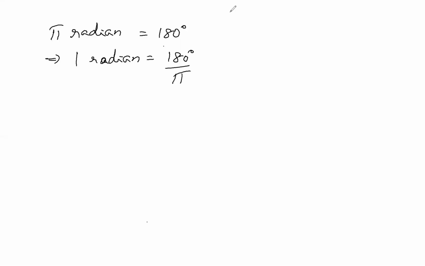So this will help you for the conversion. 1 radian is equal to 180 by pi in degrees. That means to convert radian to degree, multiply by 180 by pi. So this is the conversion cycle. Radian and degree.